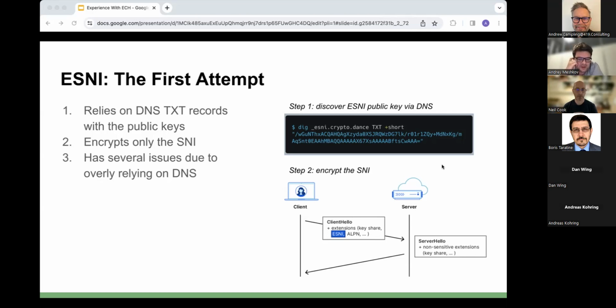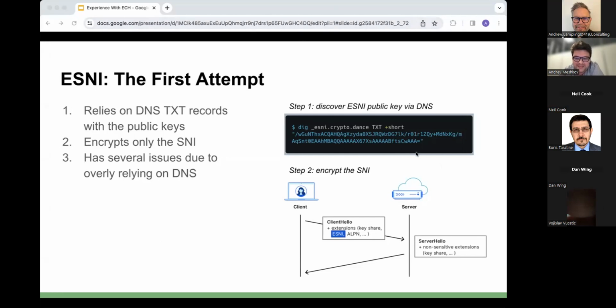But due to how DNS caching works, the client might very well get an obsolete key that cannot be used anymore. And then due to that, the server won't be able to decrypt the ESNI, and the connection will simply fail, and it's unclear what to do next.